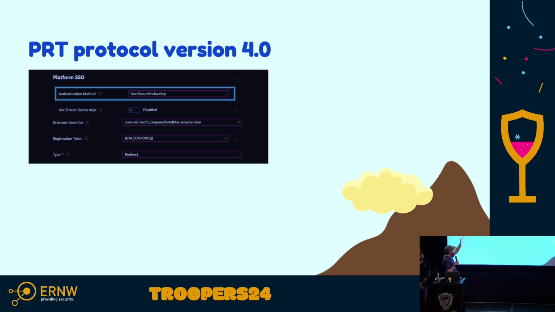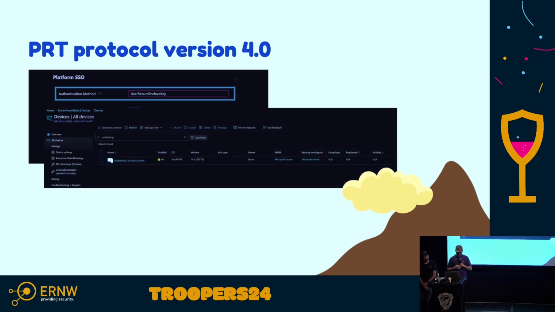And here you can select the user Secure Enclave key. That basically enforces the use of the whole TPM implementation on Mac. And if you enroll a device, it will also register it in Entra ID. And if you have the right policies, it will also be compliant, of course.